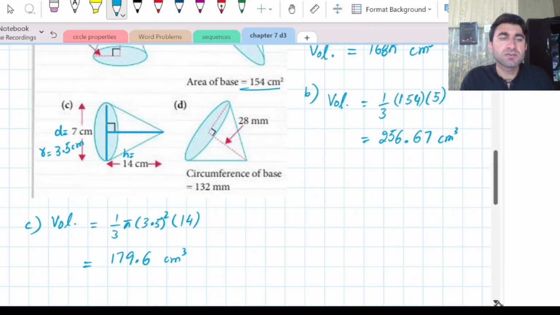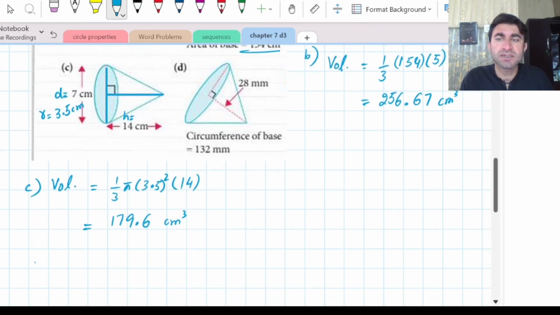Now in D part, as we can see, we are given the vertical height, it is 28 millimeters, h is 28 millimeters, and the circumference of the base is given, 132. Definitely in order to find the volume, we need its base area, not the circumference.